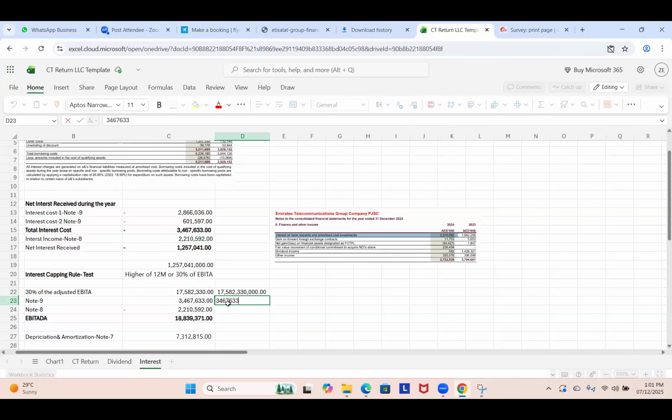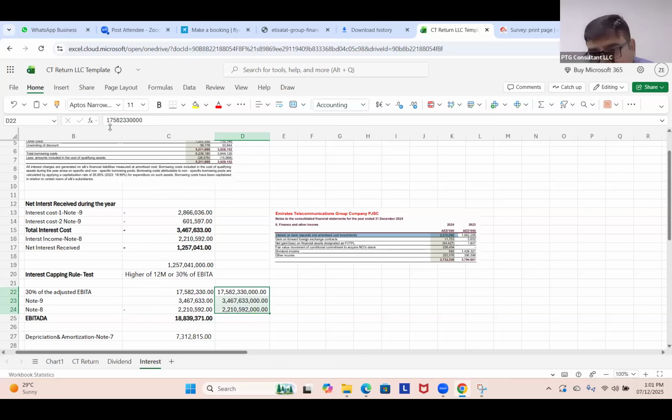There is another suggestion: multiply all the figures with 1,000 in the next column, and this will be updated.